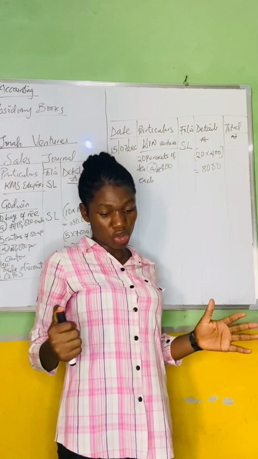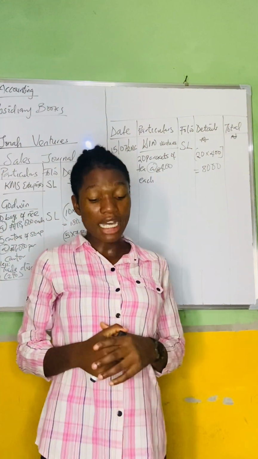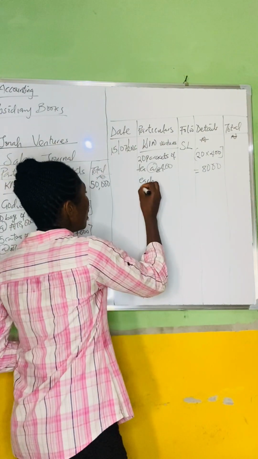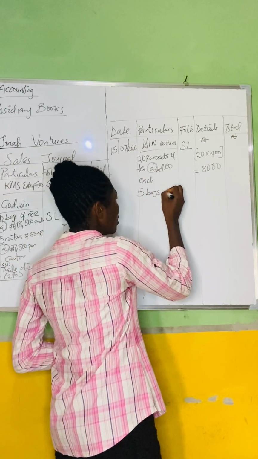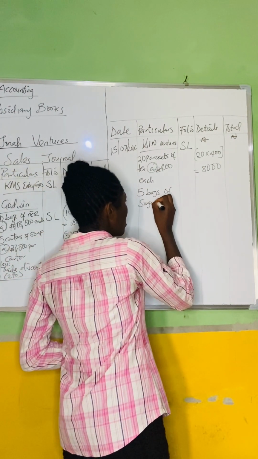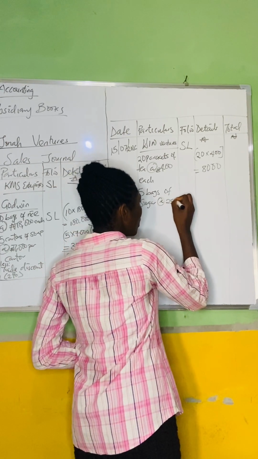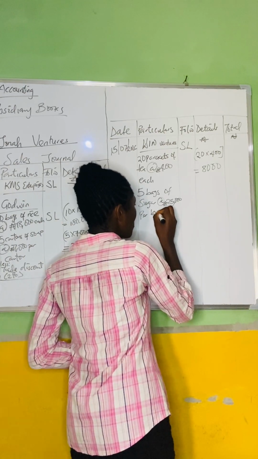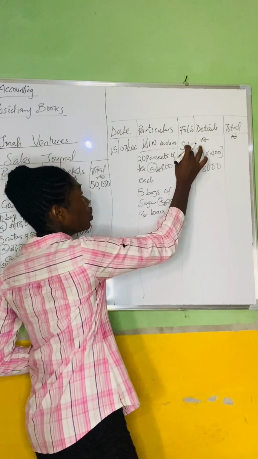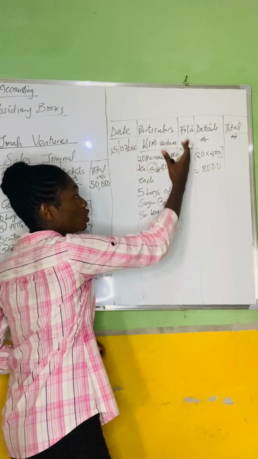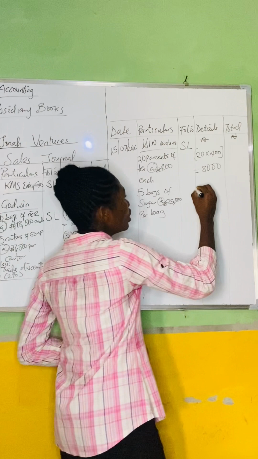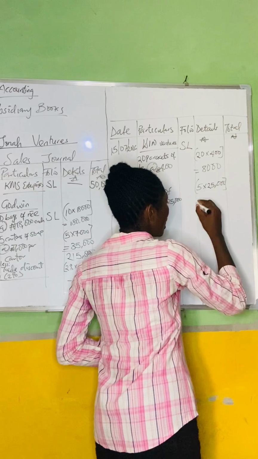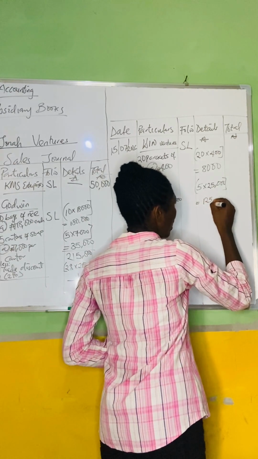And then the next one we sold is 5 bags of sugar at 25,000 naira per bag. Since we already have our sales ledger, it's the same customer, there's no need to write it again. So let's move to our details quickly. We'll have 5 times 25,000 naira, which gives us 125,000 naira.